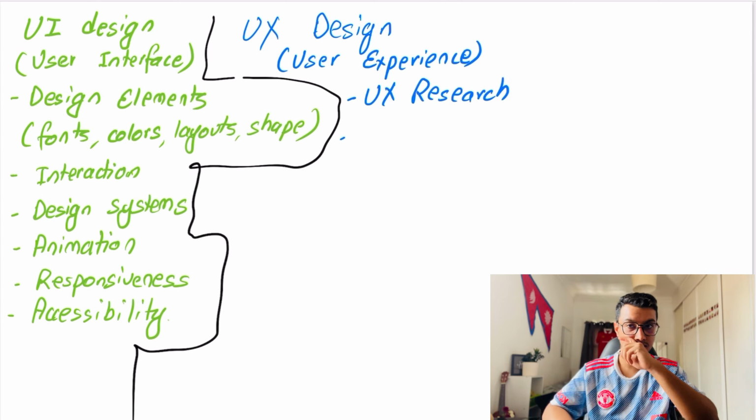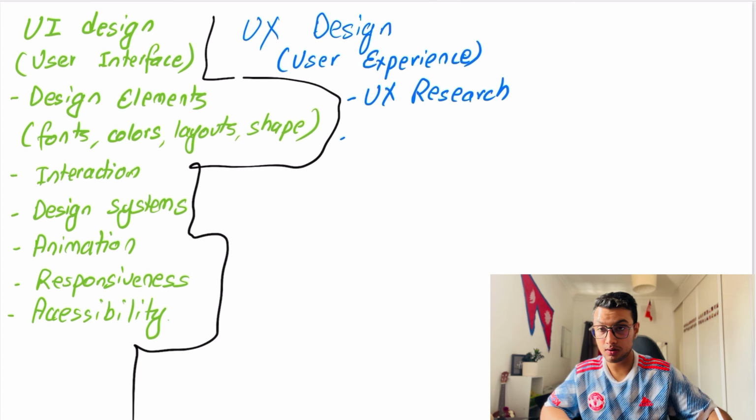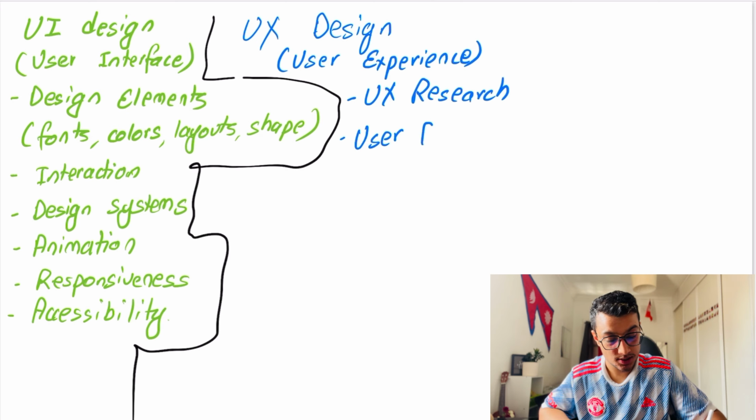UX research भनेको चाहिँ it is systematic research of your targeted audience, your users, to understand their requirements and put insights and content accordingly. So that all comes under UX research. And another thing is user personas.